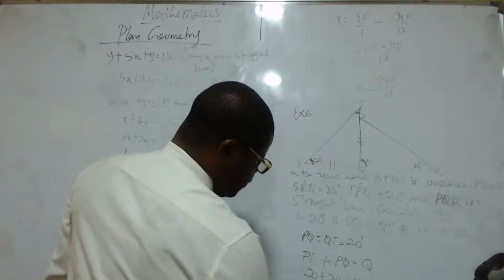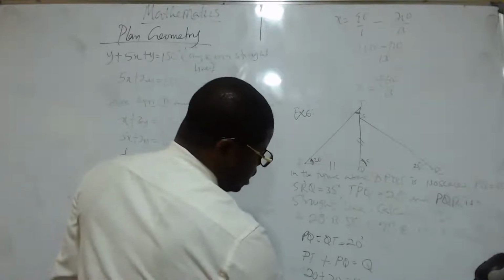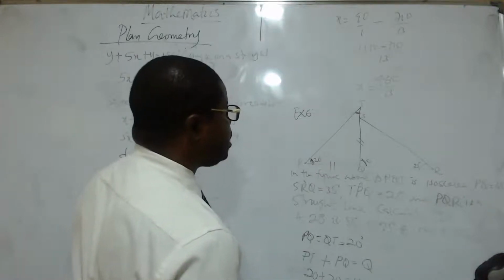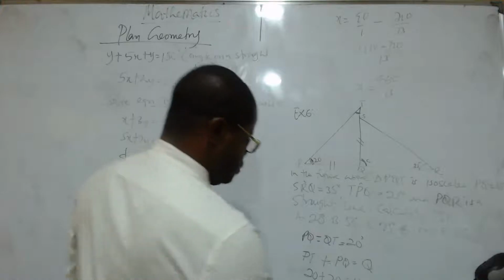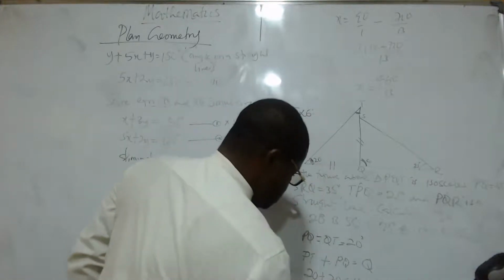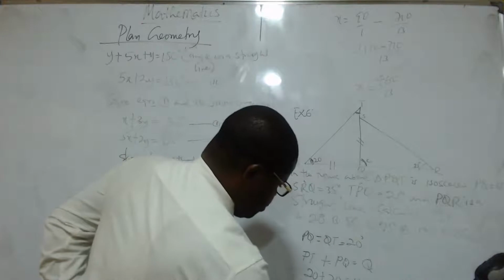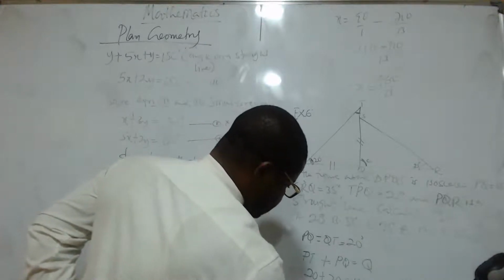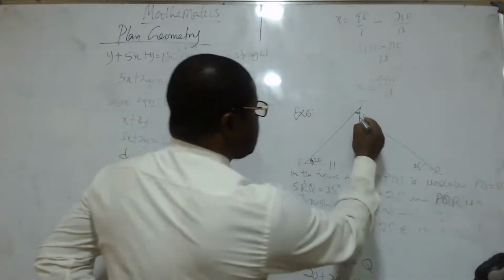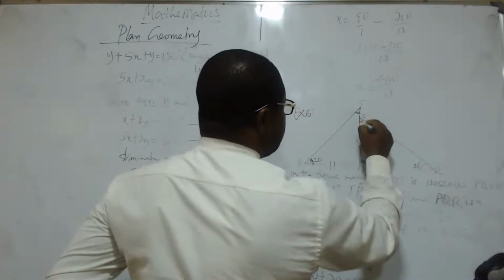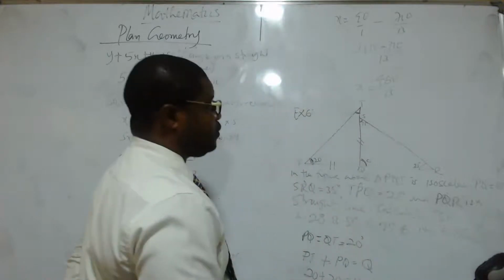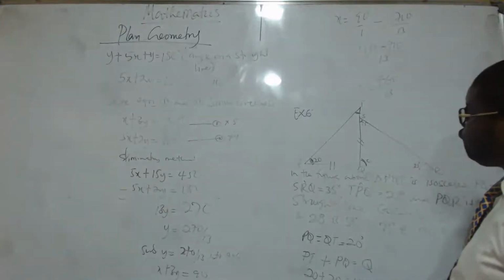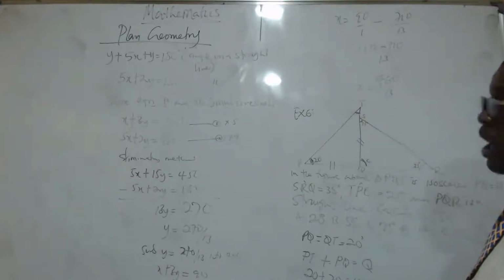Then we now have 40 plus 35 plus X equals 180 degrees. So therefore, our X now is 75 degrees. So this angle here, X, will give us 75 degrees. Now let's assume the question says we should find the external angle of this now.